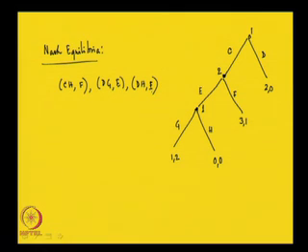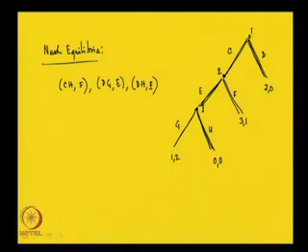So, (C, H, F) is one, (D, G, E) is another, and (D, H, E) is the third. So, these are the three Nash equilibrium strategy profiles. Some of them will be subgame perfect, some of them will not be. We have to find out which are subgame perfect equilibria.